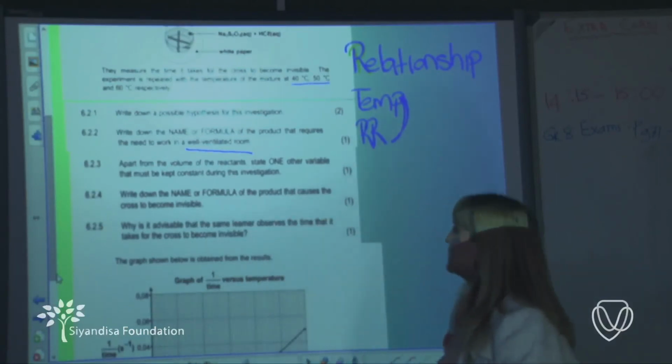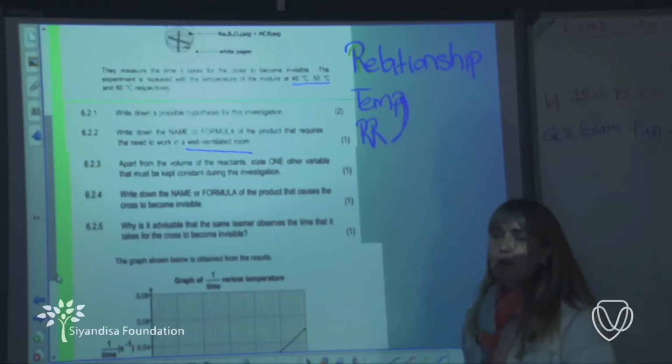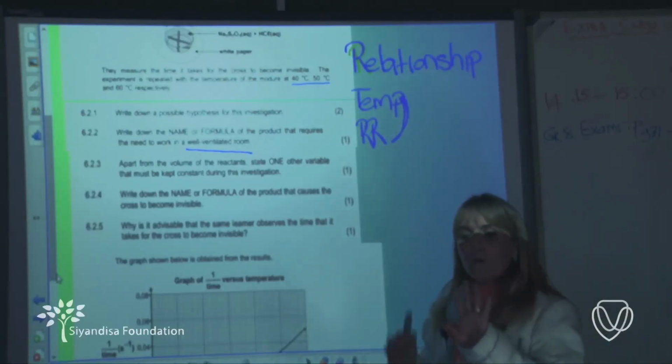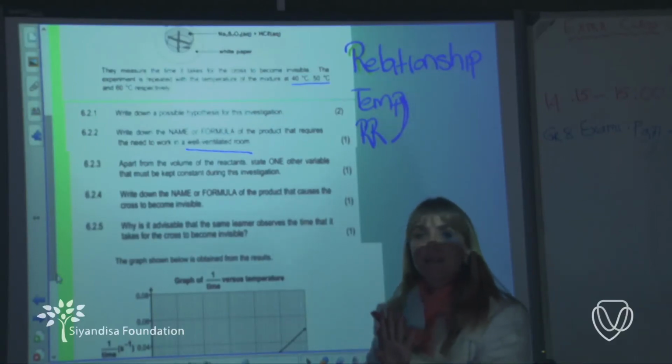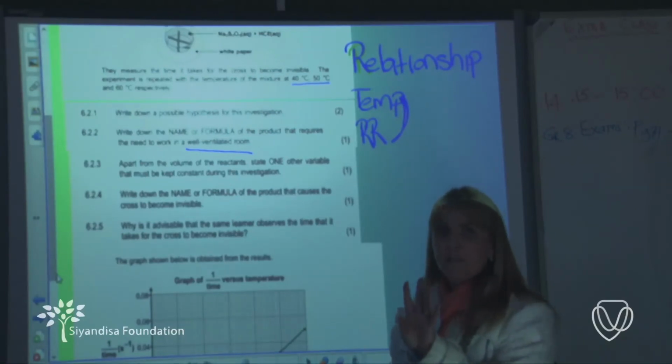6.2.3, apart from the volume of the reactants, state one other variable that must be kept constant during this reaction. Now, of those 5 macroscopic factors, we are looking at the effect of temperature on reaction rate, which means that all of the others need to stay constant. So what were the others?